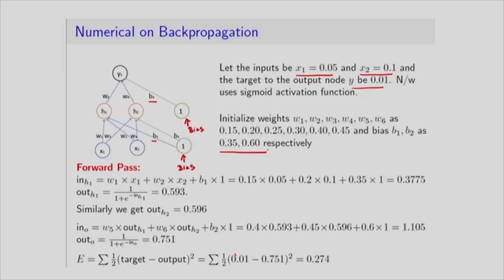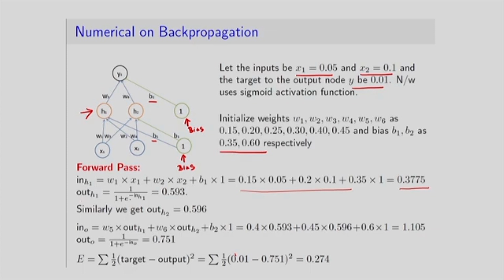So first I am computing IN H1. Corresponding to this hidden node, we are determining IN H1, that is nothing but W1 into X1 plus W2 into X2 plus B1 into 1, the bias input. If I put all these values, that will be 0.3775, and we are determining the output activation at H1.